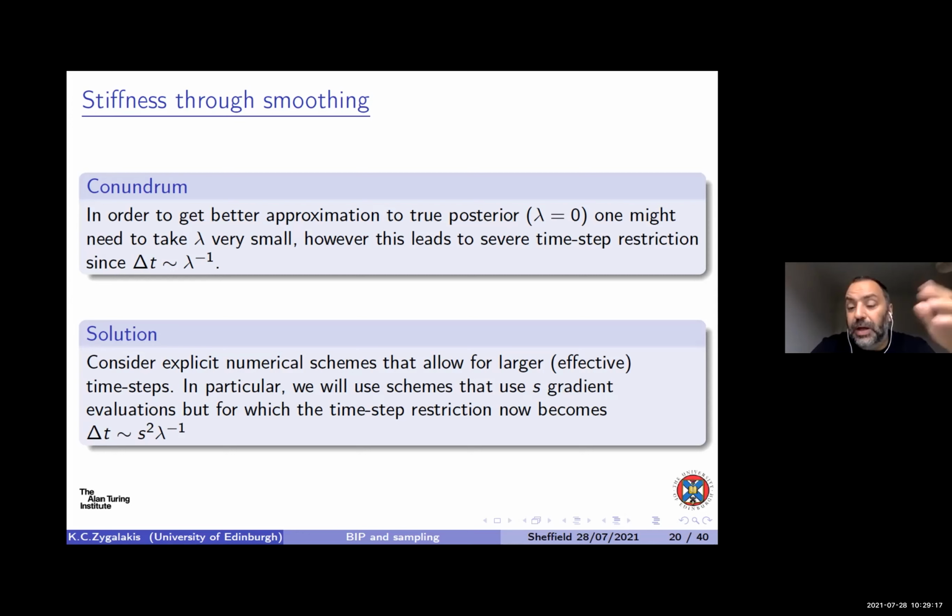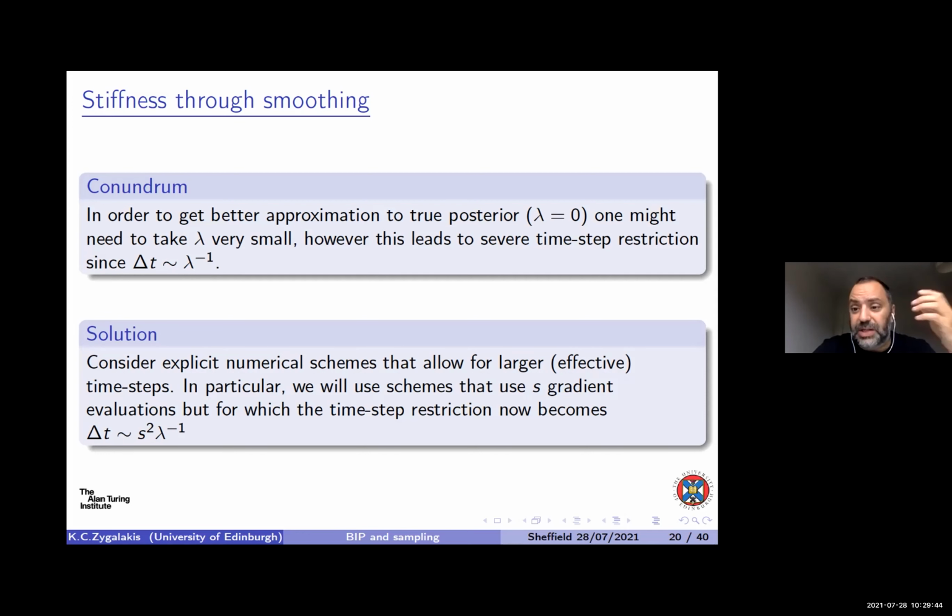So in terms of obtaining samples from the posterior, I need to integrate for a long time. But on the other hand, in order to get something accurate from the posterior, I need to have lambda small. But that means that I need to use a small time step. So as I make my lambda smaller to get a more accurate approximation, I have to integrate for longer, okay?